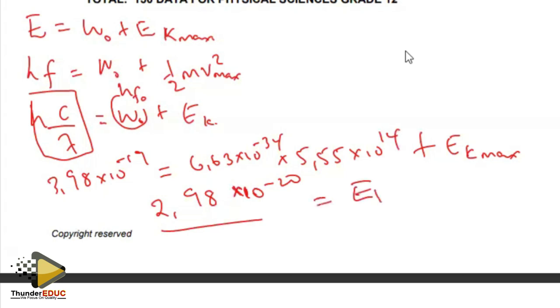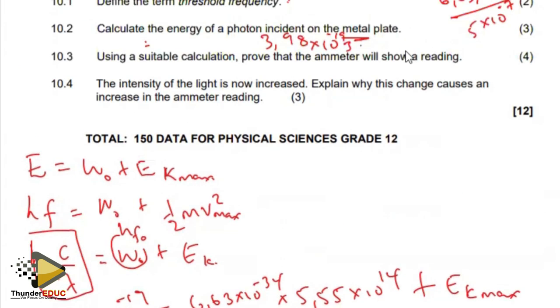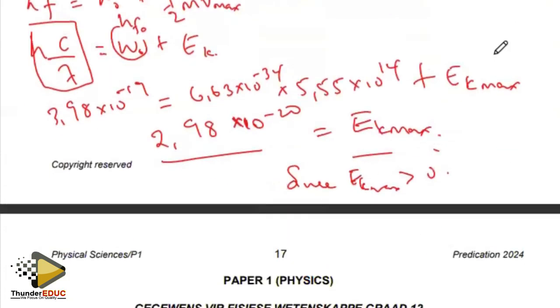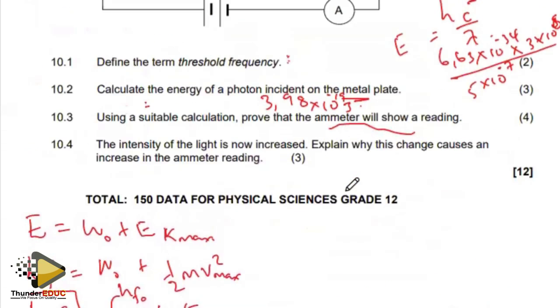So this is the EK max. Now, since our EK max is greater than 0, therefore there's going to be some movement on the ammeter reading. There's going to be an ammeter reading. So just that. Then we can show that the electrons are going to have some energy. Now remember, this energy is what the electrons are going to possess.